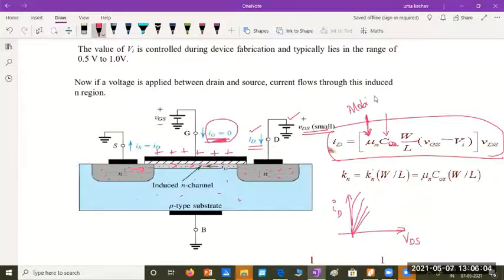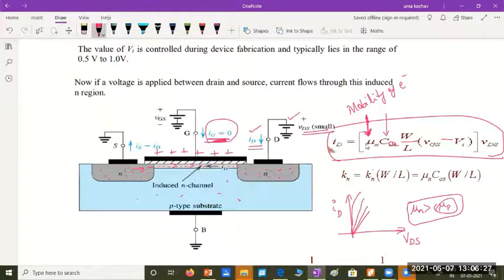Correct. Mu n is the mobility of the electrons. If I write mu p, it will be the mobility of holes. Mu n represents the mobility of electrons. Actually, mu n is always greater than mu p. Remember that. Electron mobility is always higher than hole mobility.